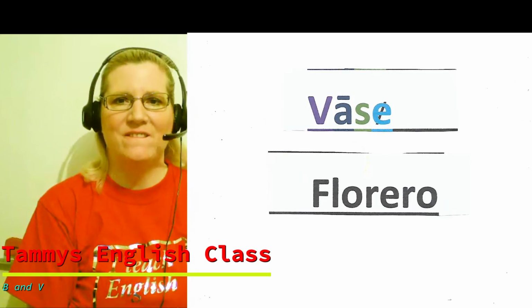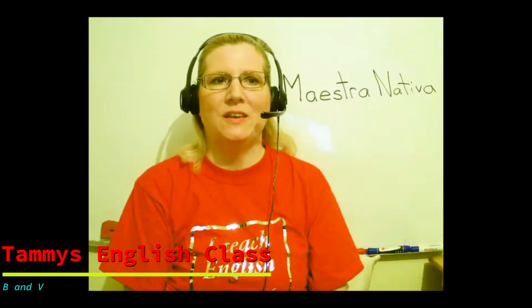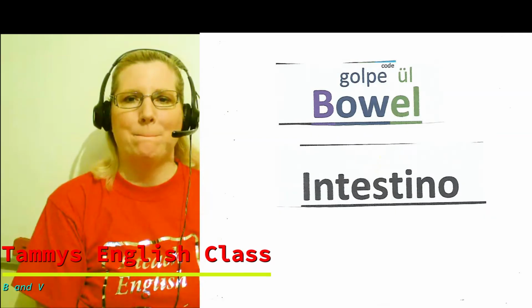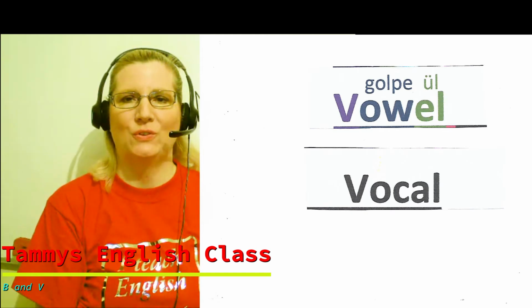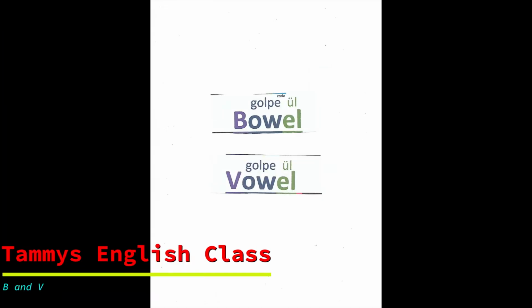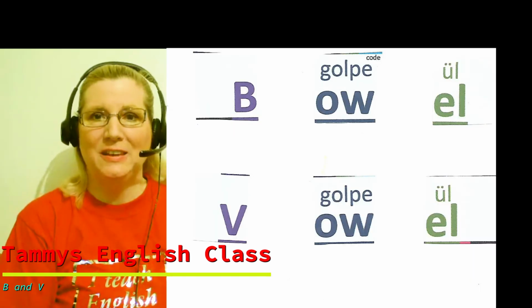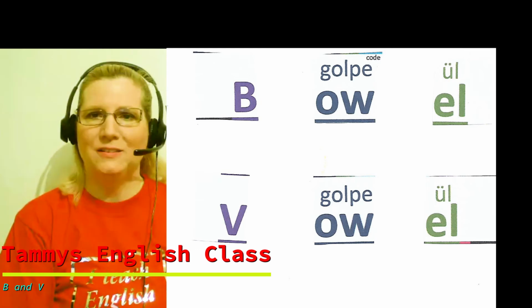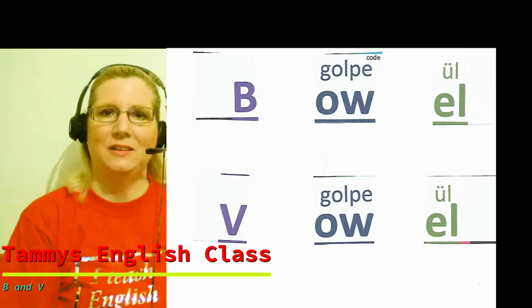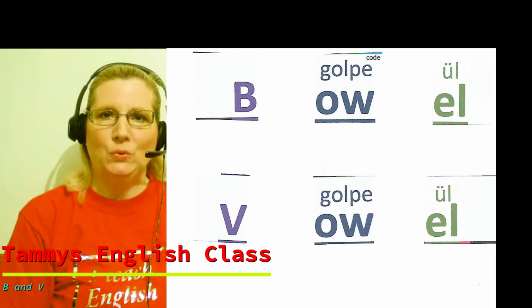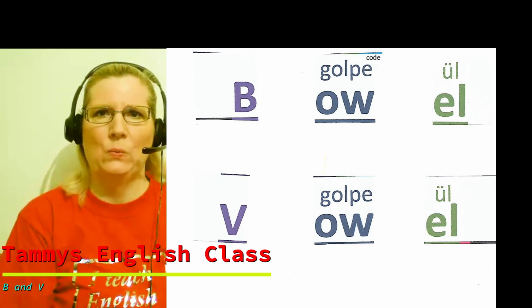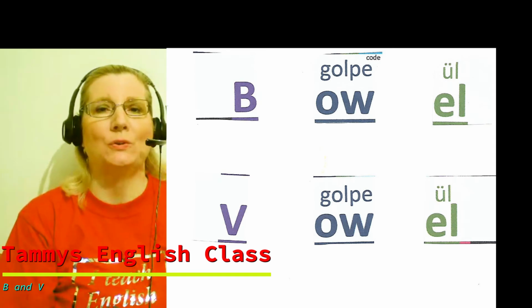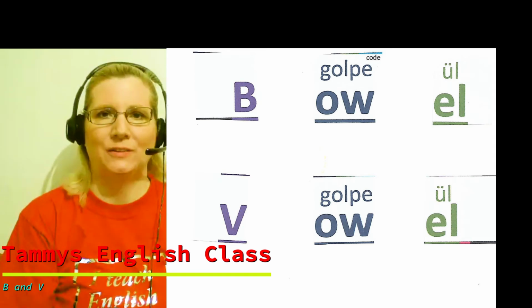We can see that B and V are the only differences in these words. Base, vase. When we say the next set of words, bowel, vowel, you can see that what we say has nothing to do with what is written. That OW says ow, B, ow, bow, and EL says ool, bowel.